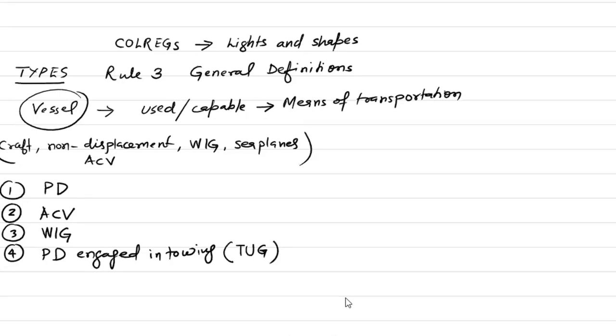Then obviously if there is a tug, then the tug has to tow something, vessel or object. It could be a vessel or object being towed. We will call this TOW, tug and tow arrangement.